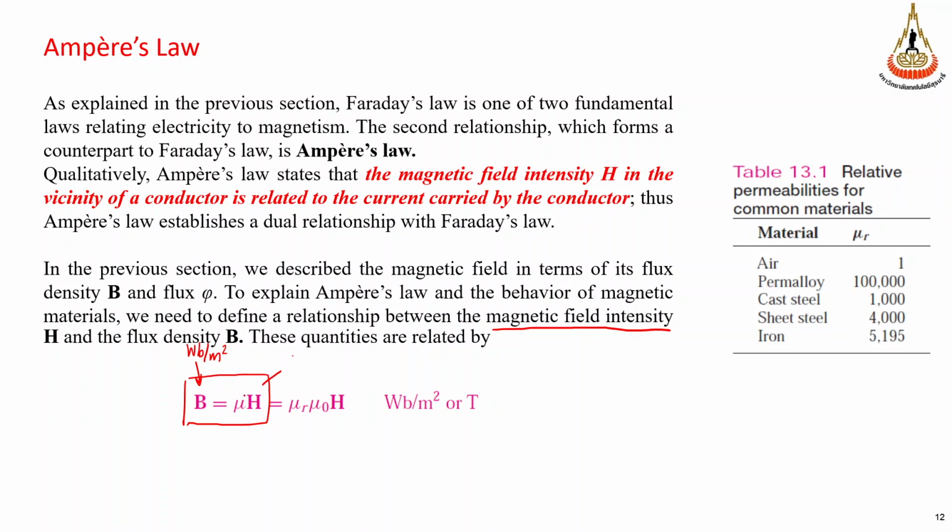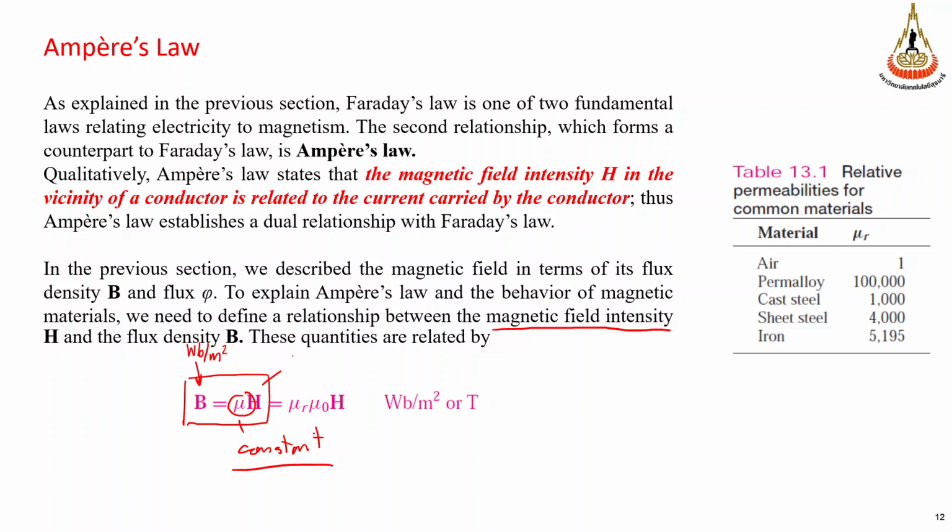Mu is a constant value. We call it the permeability of the material.